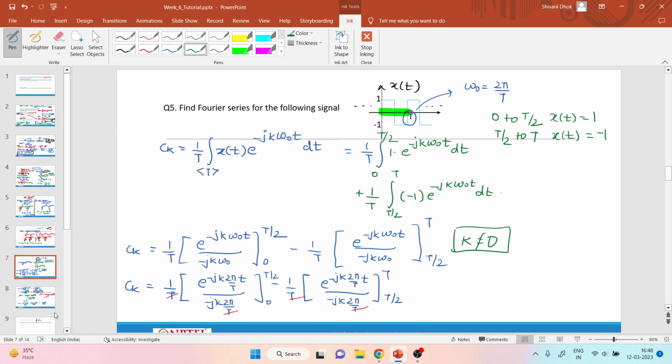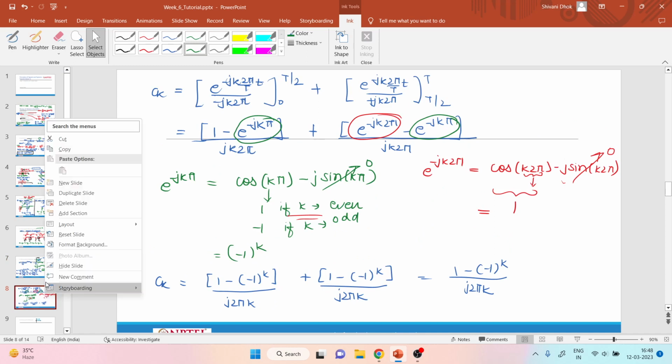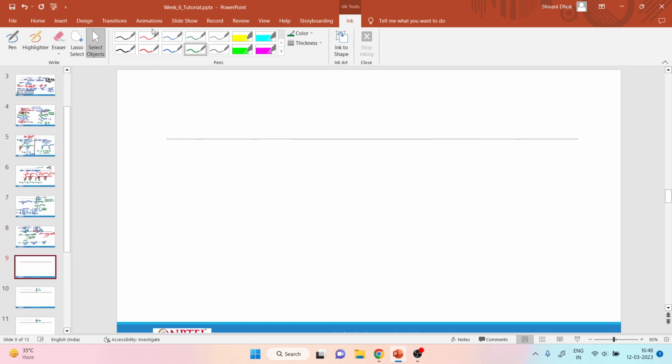So we will now explicitly find what happens when my k is equal to 0. We'll go back to the initial equation that we had considered, that was this integration over a period of x of t into e power minus j k omega naught t dt.